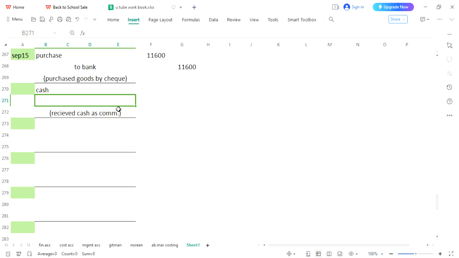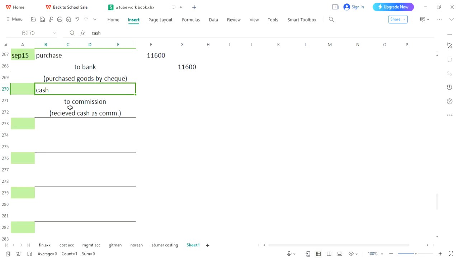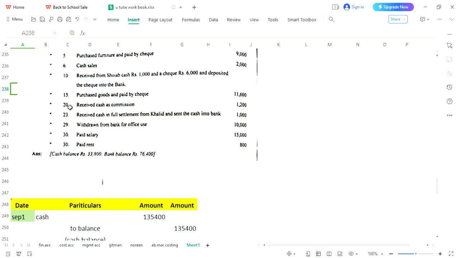When you will receive any amount continuously again and again, it would be your income. So this commission is your income. Income should be credited. So you will write commission as an income on credit side. After September 15, it was September 20. I had not written the date. Date is a must to do thing. How much commission you have received? That is 1200.